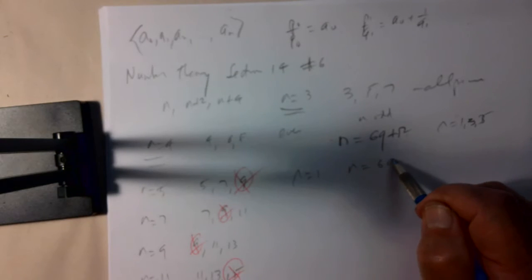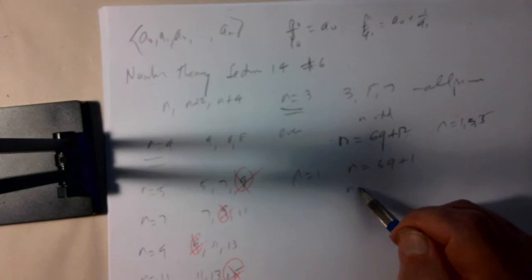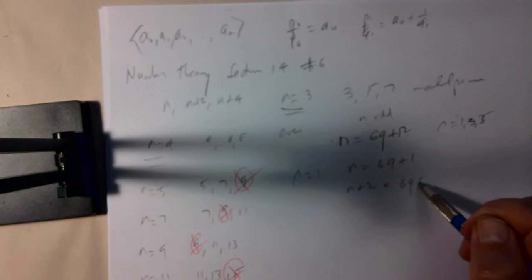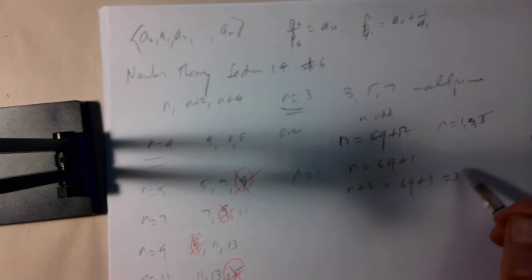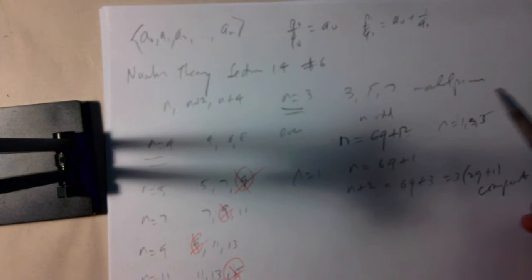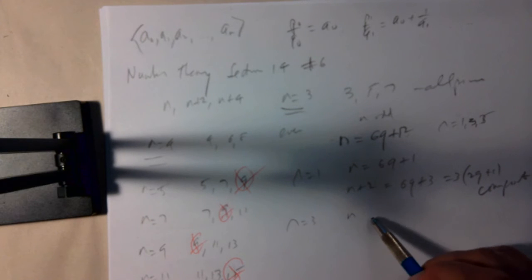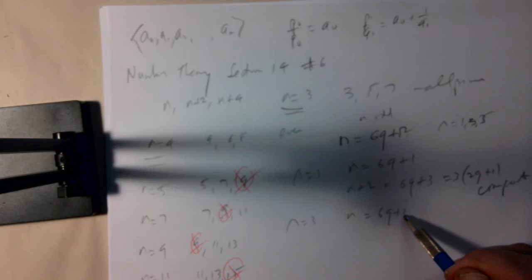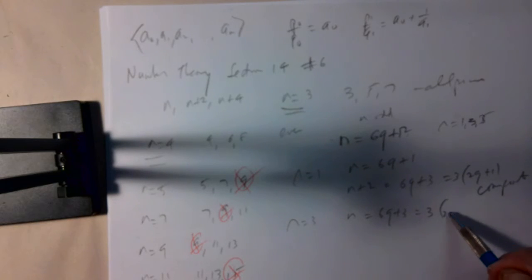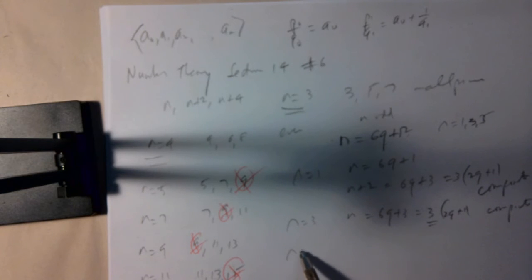Like r equal 1. So n is 6q plus 1, but then n plus 2 is 6q plus 3, which is 3 times 2q plus 1. This is composite. So if r is 1, n plus 2 is composite. If r is 3, then n is 6q plus 3, but this is already 3 times 2q plus 1, so it's divisible by 3, so it's composite.